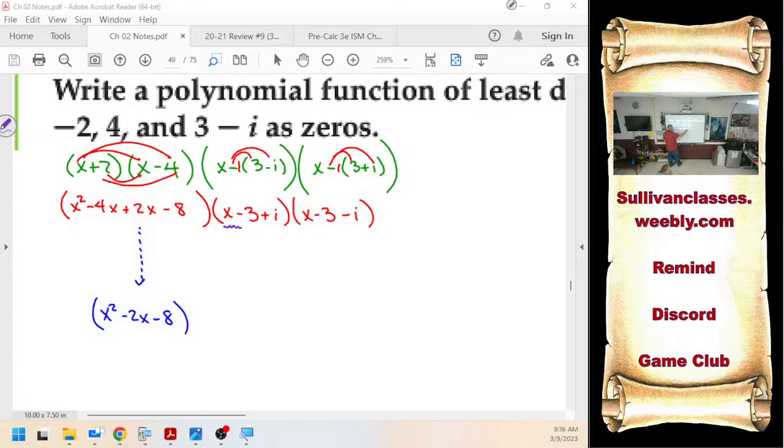If I take x times this stuff, I get x squared minus 3x minus ix. Right? x times the other stuff. All I did was distribute. Cool? Now I'll take negative 3 times the stuff.